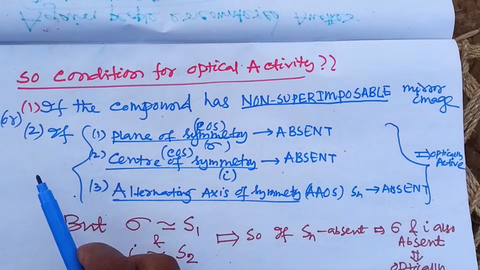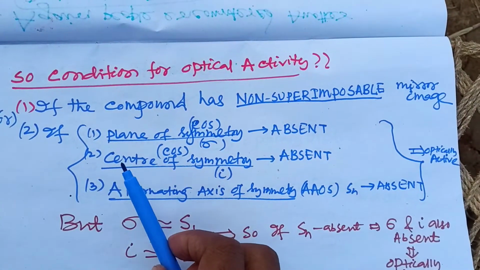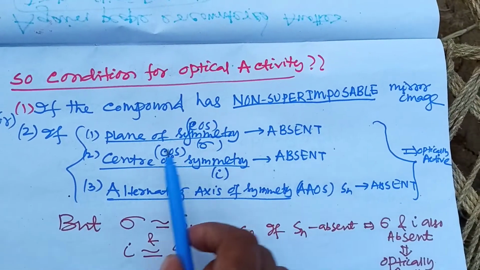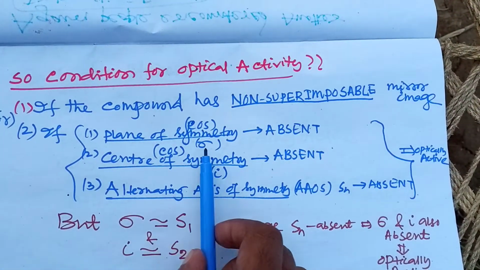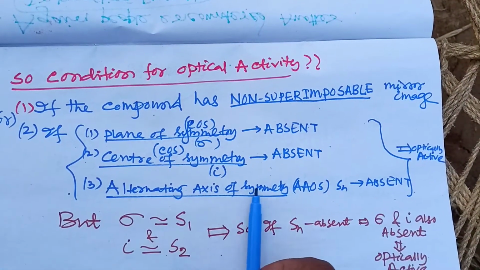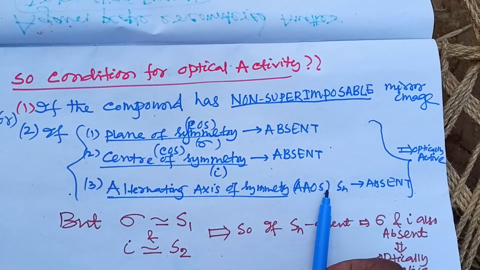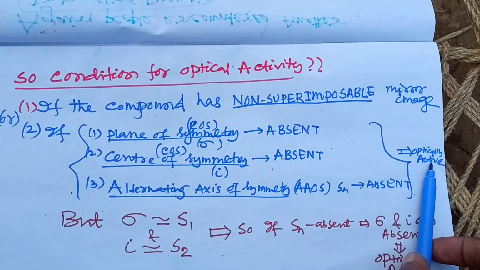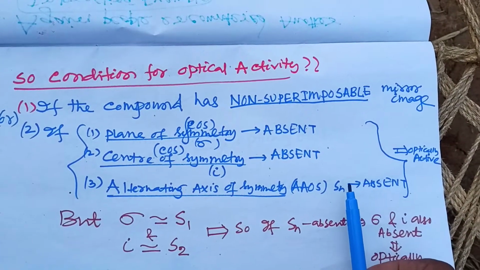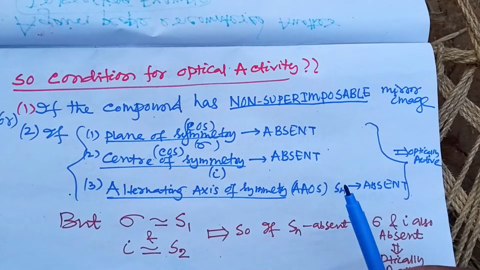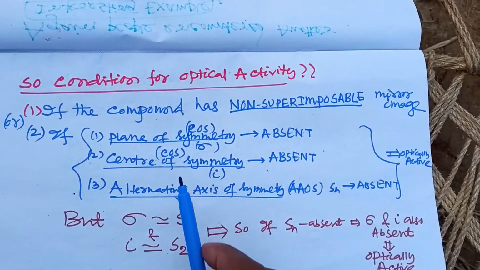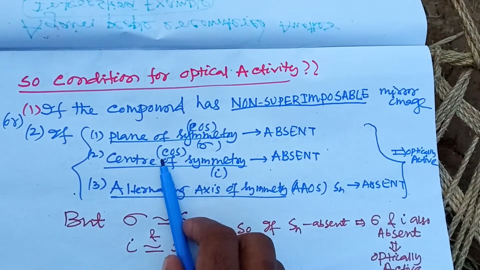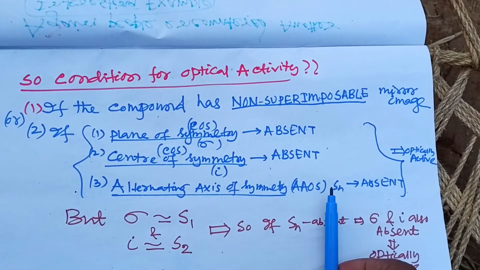In a different way, we can say that if the plane of symmetry, that is POS, is absent, the center of symmetry, that is COS, is absent, and the alternating axis of symmetry, that is AAOS, is absent, then the compound is optically active. Otherwise, the compound will be optically inactive. So you have to check these three things: COS, POS and AAOS should be absent.